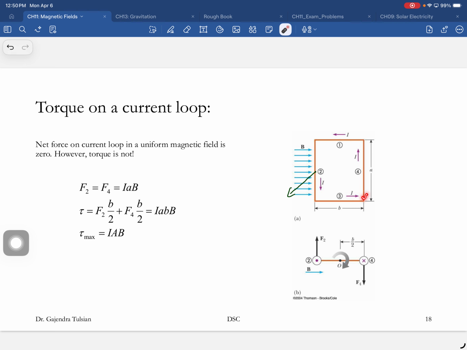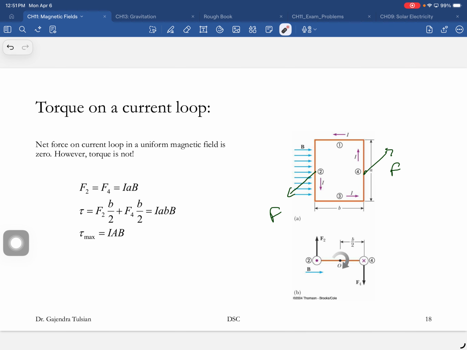For this guy, the current is like that. L cross B, the force will be into the sheet. And these guys are parallel and anti-parallel to the magnetic field, and they won't feel any force. It turns out these two forces are equal and opposite, and that's why the net force on this loop is 0. Except that what will these forces do? They will turn this loop about that axis.